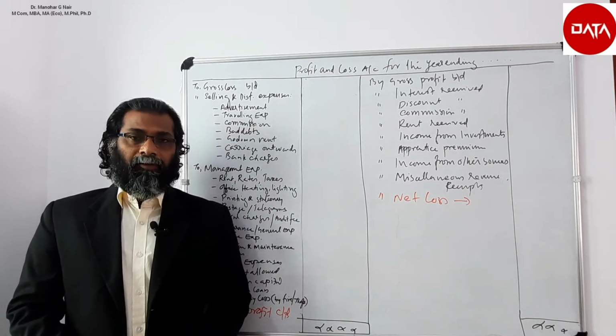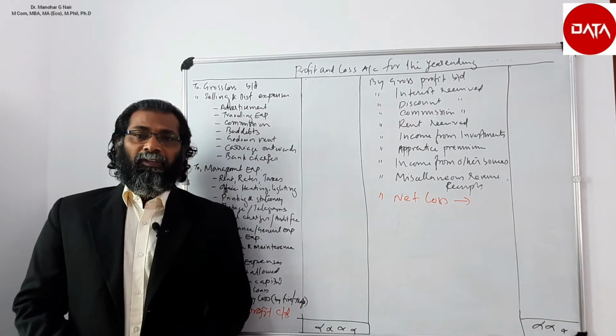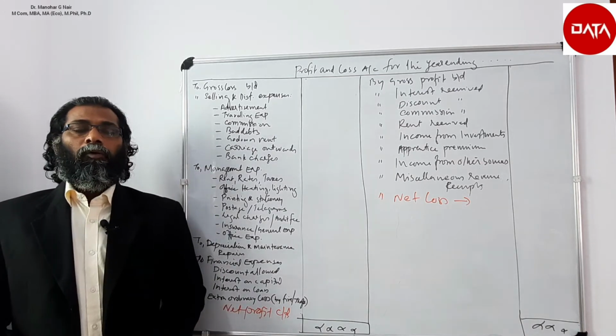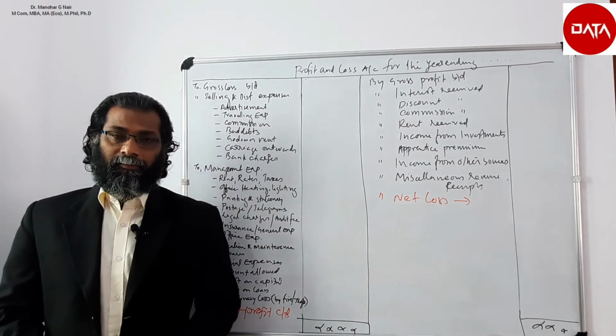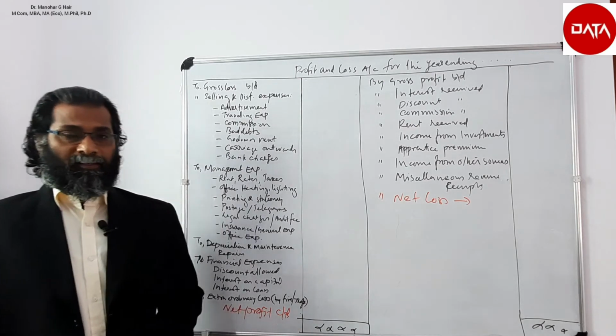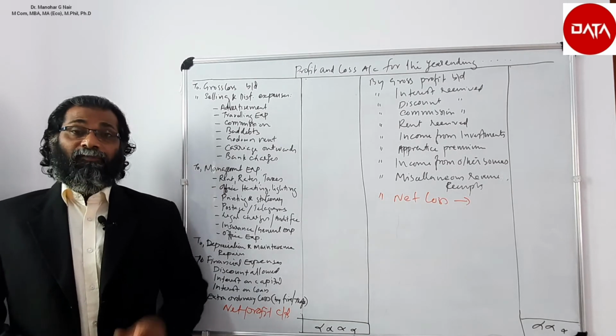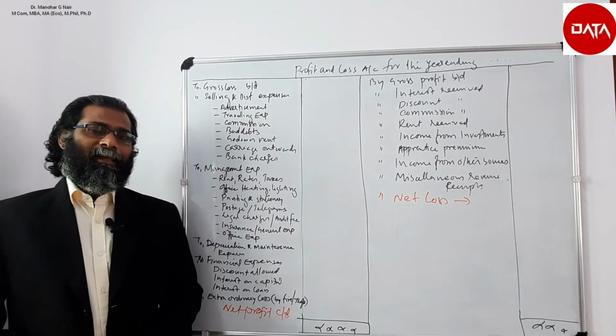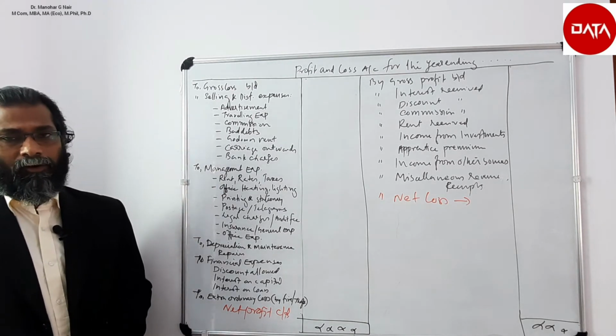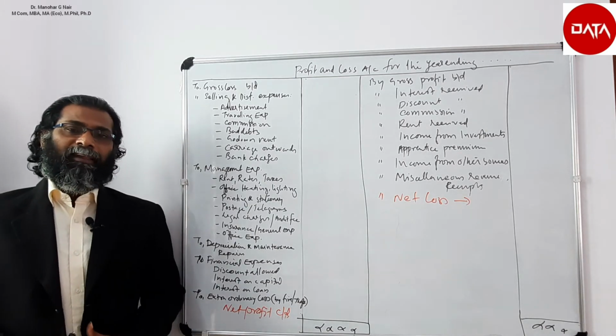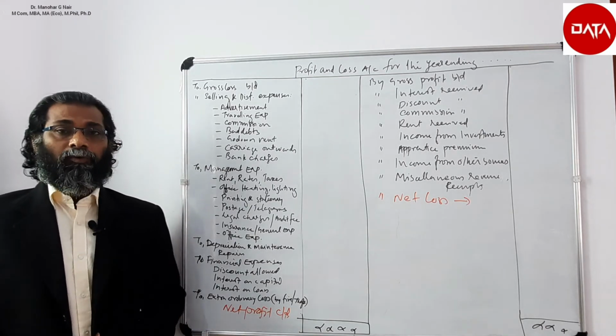But we have to give some special attention with respect to certain items. For example, salaries. Salary is an indirect expense. And wages. Wages is a direct expense. So wages will appear on the debit side of the trading account, and the salaries would appear on the debit side of the profit and loss account.